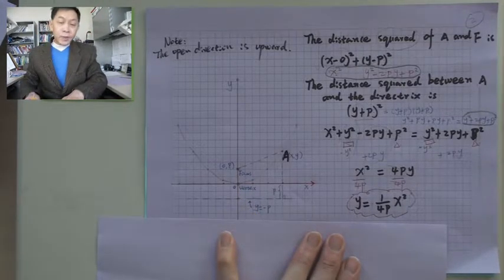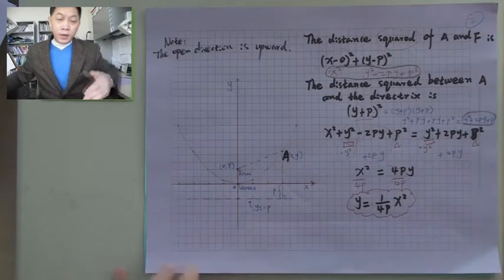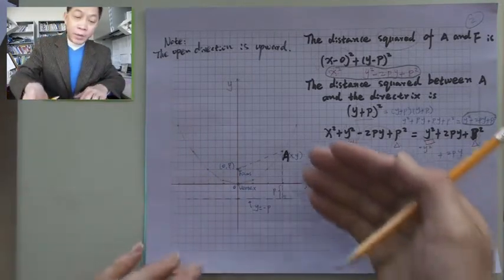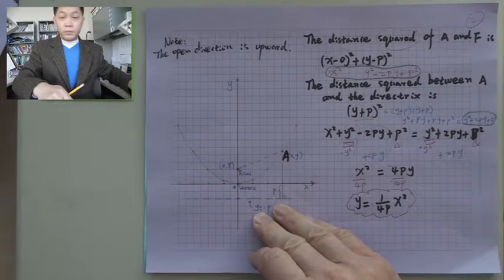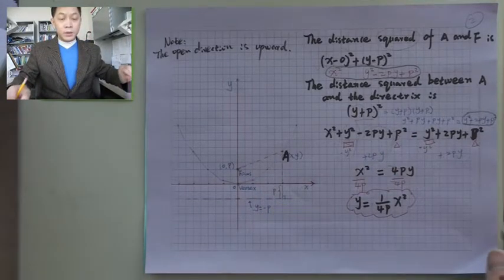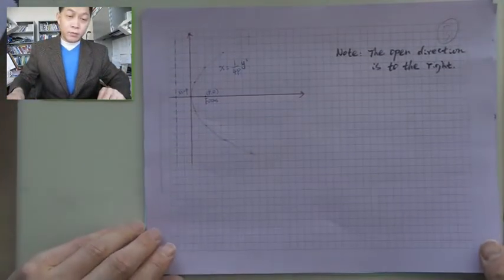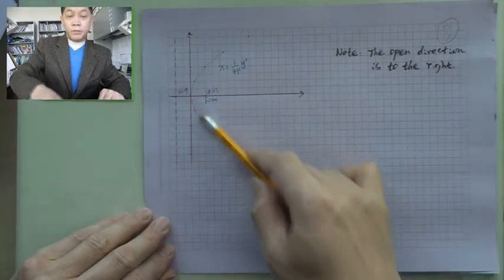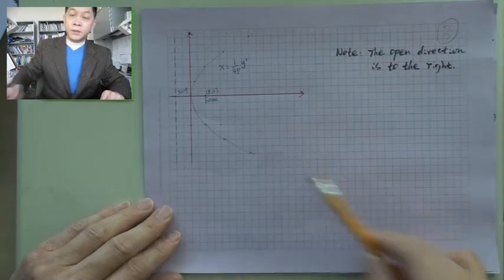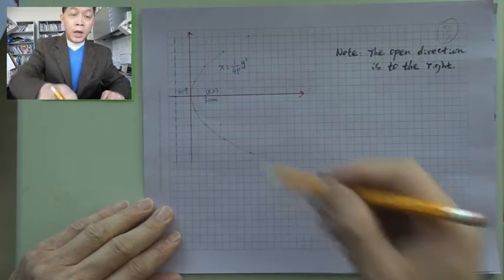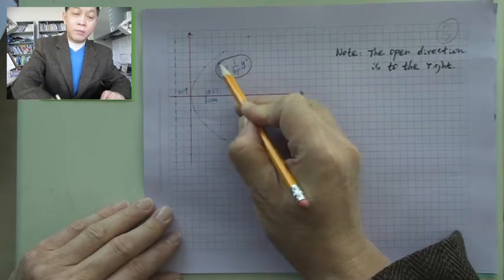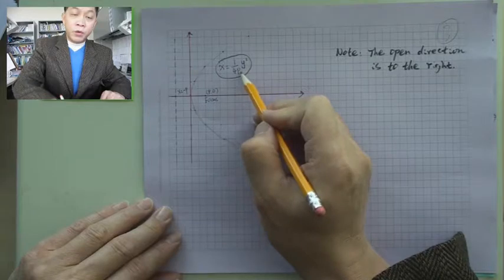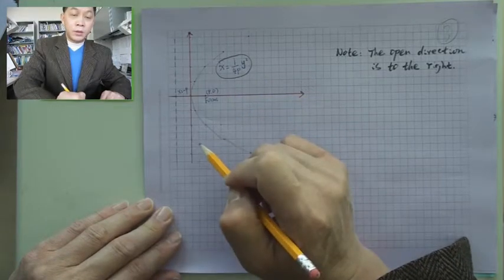Now, here we put the parabola in the vertical direction. We may also put the parabola in the horizontal direction, like this. Then the equation would be like that: x equals 1 over 4p y squared.